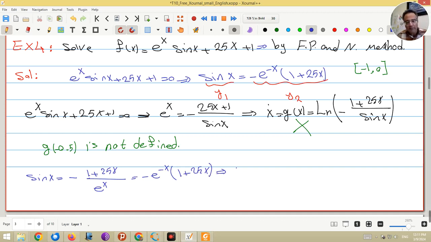And this gives x equal to g of x equal to sine inverse of minus e to the power of minus x times 1 plus 25x, and this is also not defined for g of 0.5.